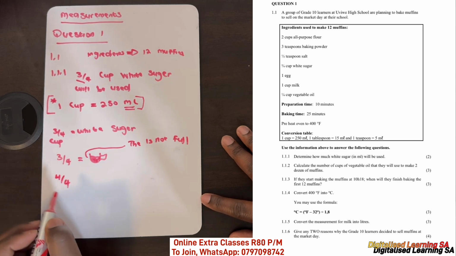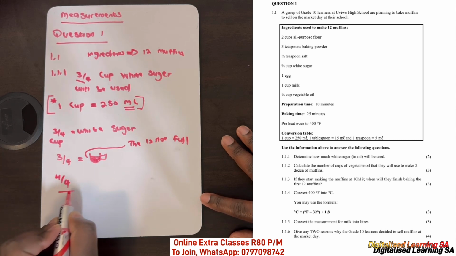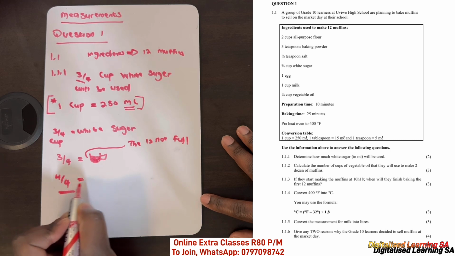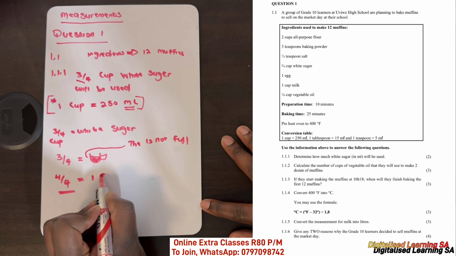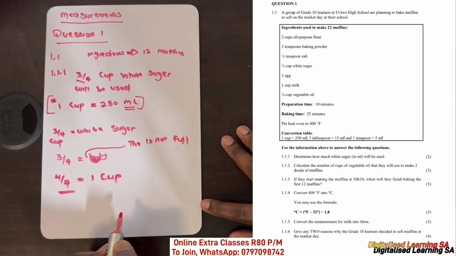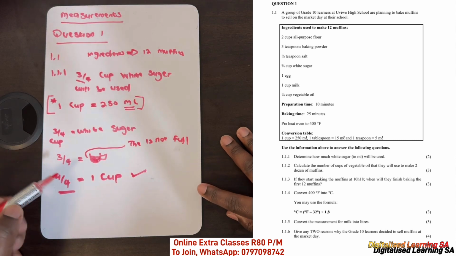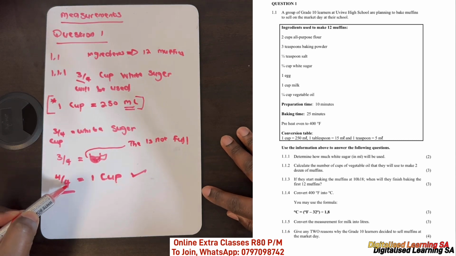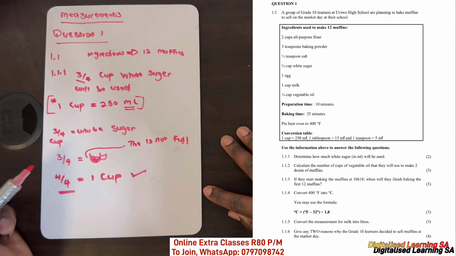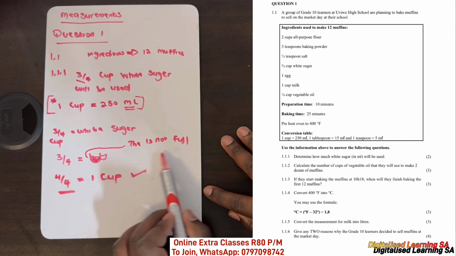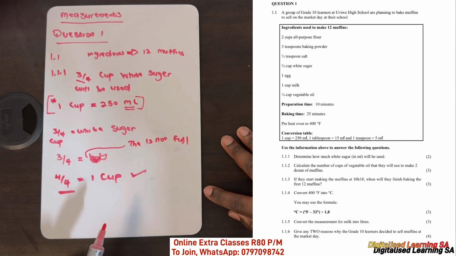The cup is only full when our sugar is 4/4, because 4/4 gives us 1, which means it will be one cup. I hope that makes sense. If it is 3 over 4, or 2 over 4, or 1 over 4, it means that the cup is not full. For it to be full, it needs to be 4 over 4.